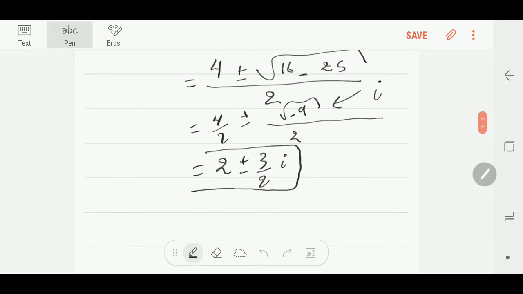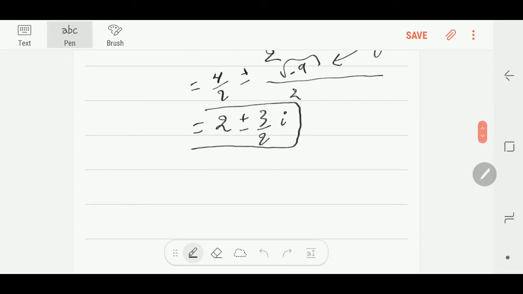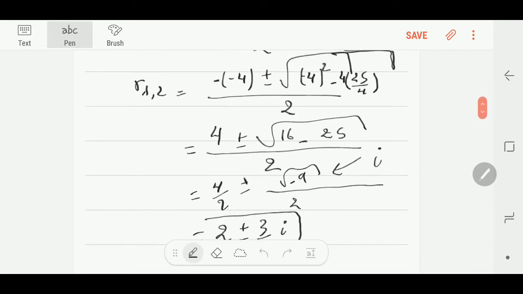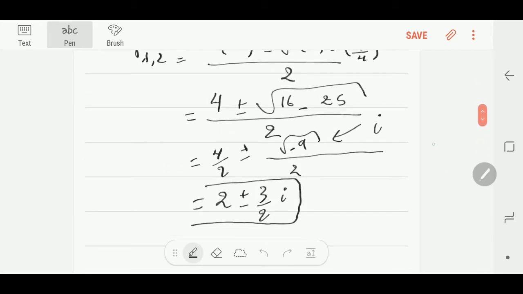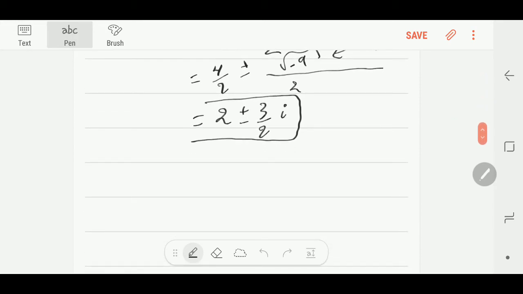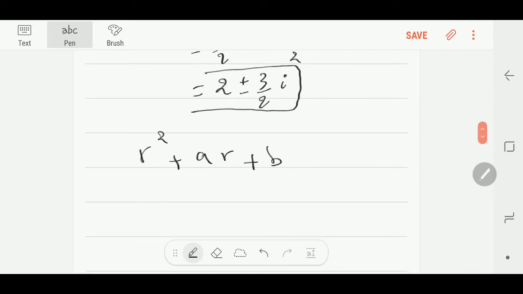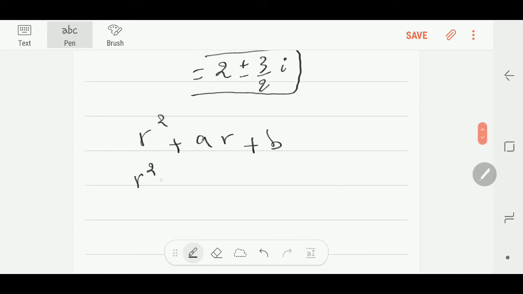And as I mentioned, we don't really need this. But what we need, if you go back to the slide I showed from the handbook, is to write the equation in the general form. So you have r squared plus ar plus b. In our case, we found that it's r squared minus 4r plus 25 over 4.